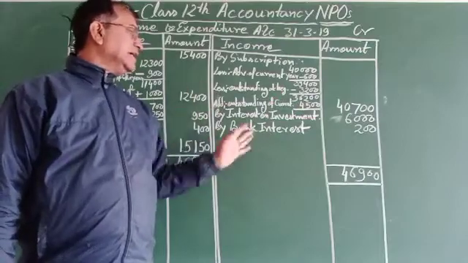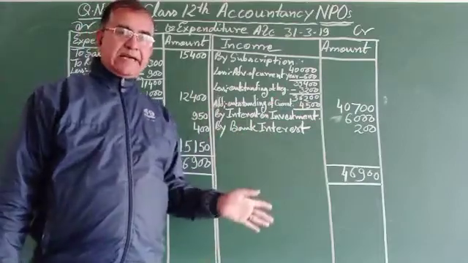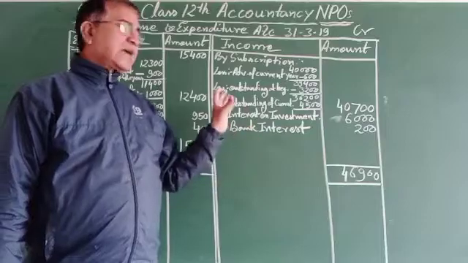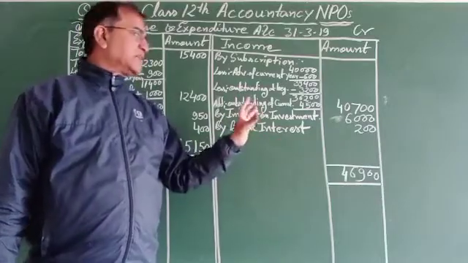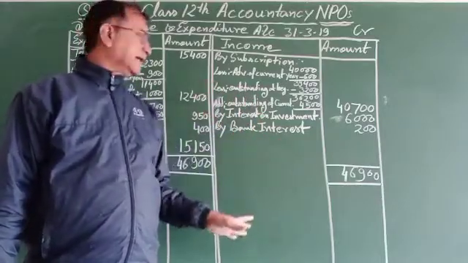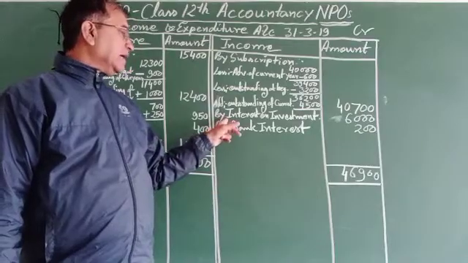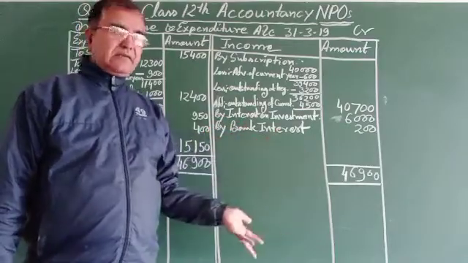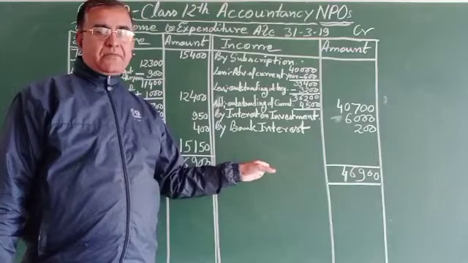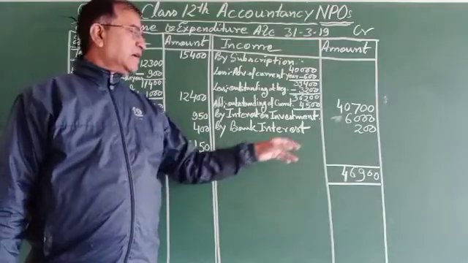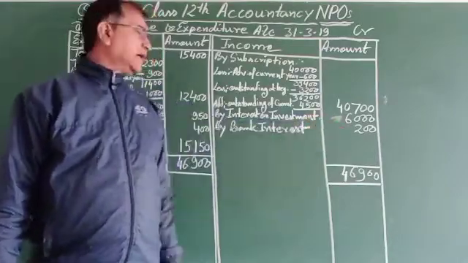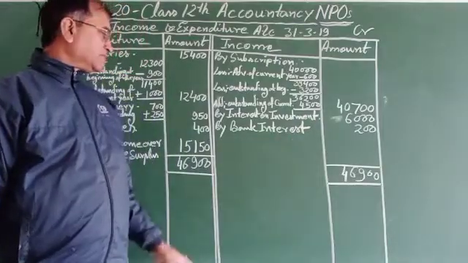Then after adding the outstanding of current year, this is the process of computing the subscription regarding the current year. By interest on investment, that is the income of the current year recorded in income column of the income and expenditure account.